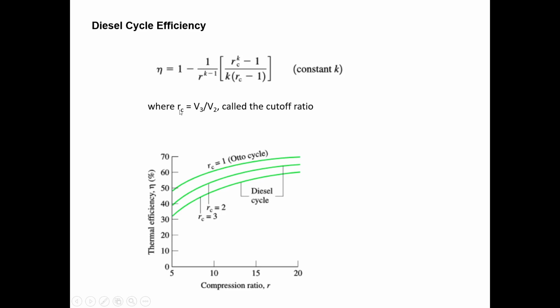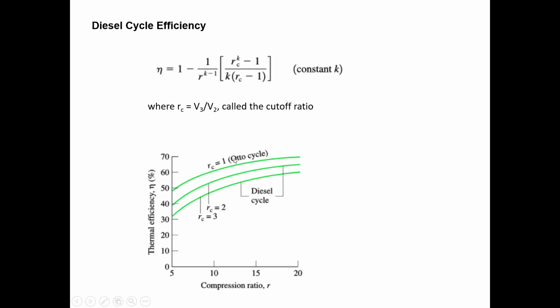So again all these are constant. Now for a particular engine, r_c and r_k values are constant, right? So if we assume r_c is a constant, then again in the same way we can predict the efficiency values, right?